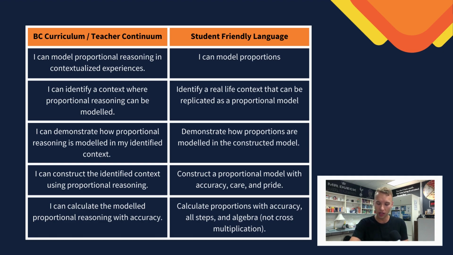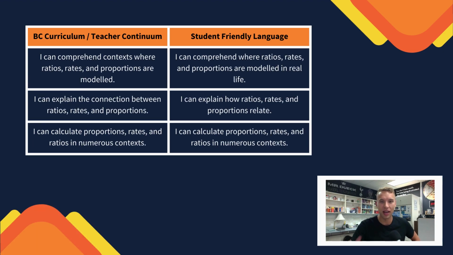We need to think not only about what would be synonymous, but also about linguistic economics. So I can find synonyms, but they need to be of equal educational value when I write student-friendly language. And you can see the rest. I've written even more for each I can statement. In the learning continuum, there should be a student-friendly version. So let's take a look at our learning continuum here.